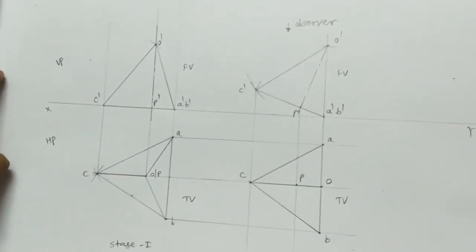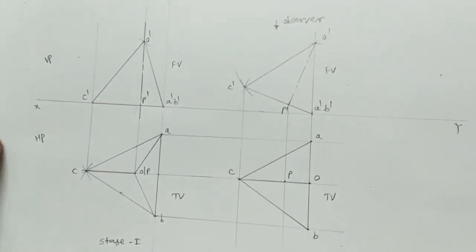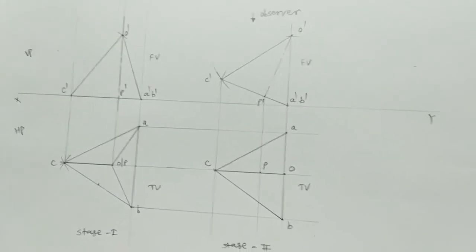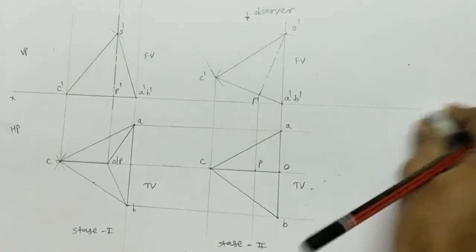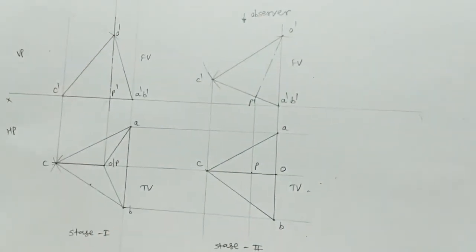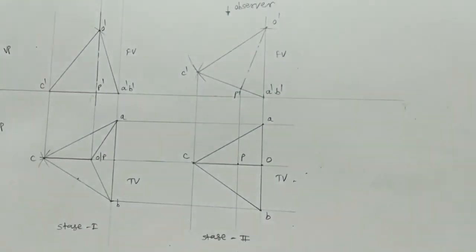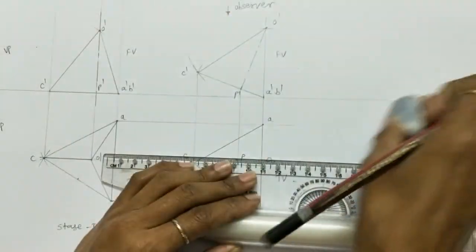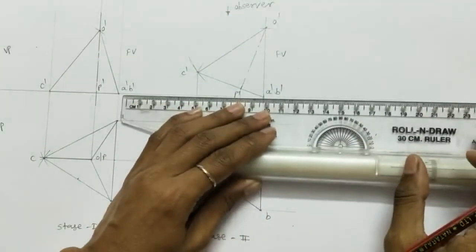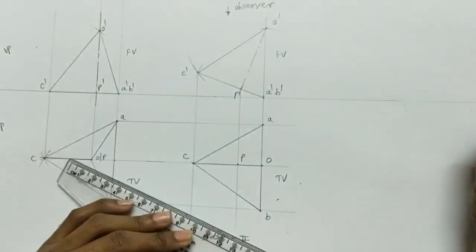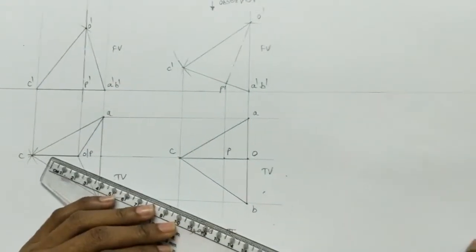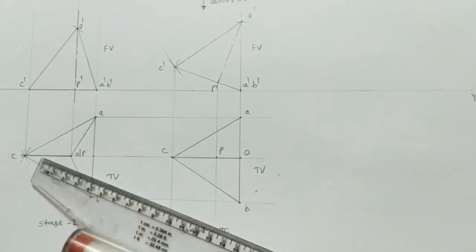Now it is given that draw all three views, so we have to draw the side view also. So I will extend this XY line and give point Y here.